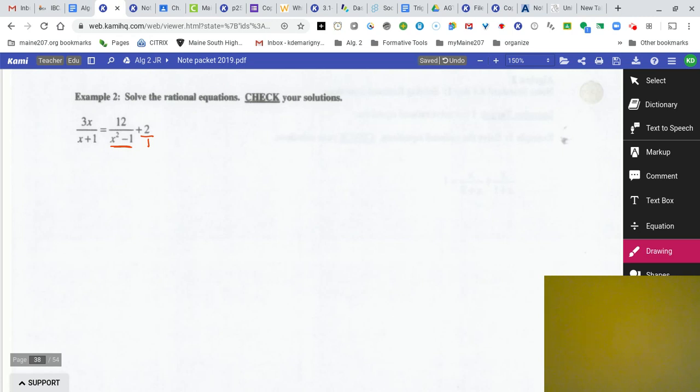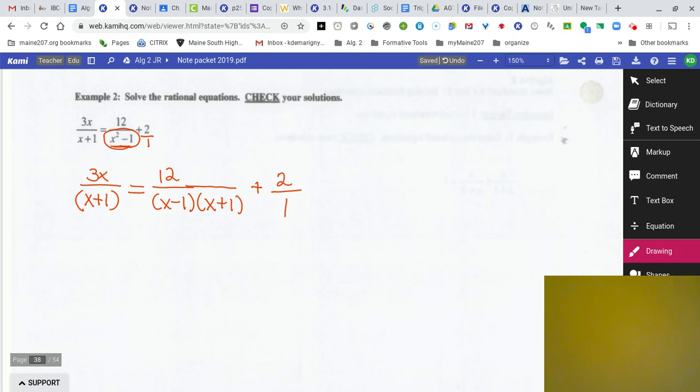All right, so this is what I am actually going to do. I have a 3x over an x plus 1 and wrap it up as a family. It says it's equal to 12, and then I'm going to factor this, and it factors to x minus 1, x plus 1. And then I have plus 2, and remember we said we had to put that over 1 and make everything a fraction.